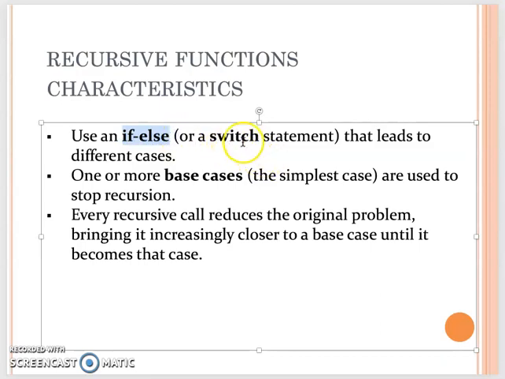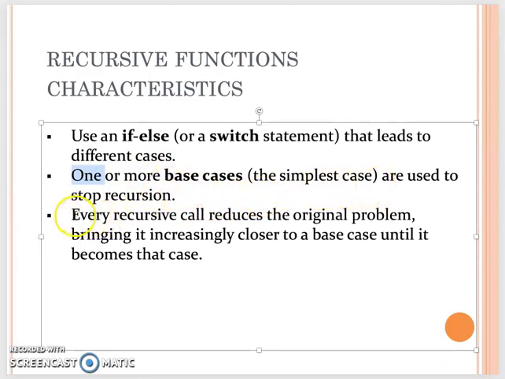That's because in your recursion problem, it can either be the smallest piece, that's the base case, or we break it down into a smaller one. So that's why we need a choice of which one it is. I need at least one or more base cases. That's the simplest case.